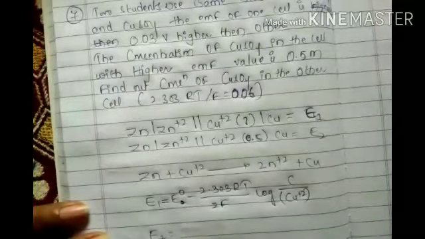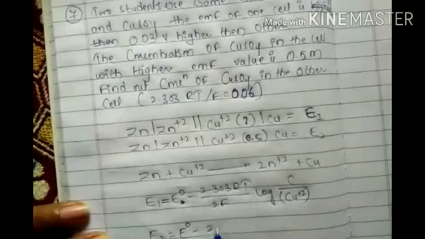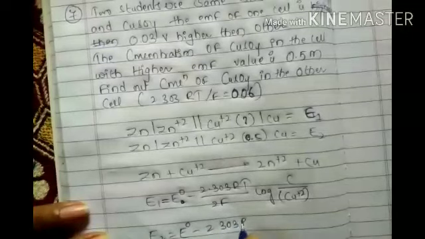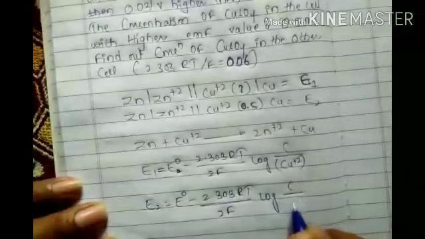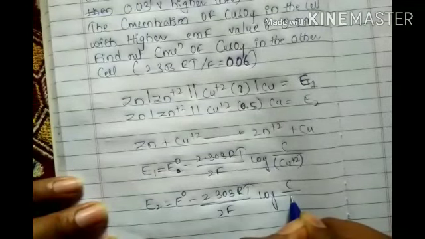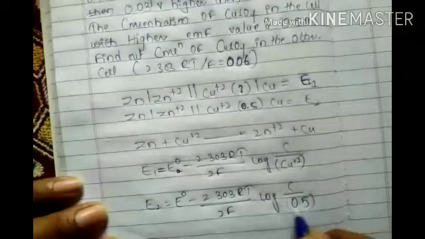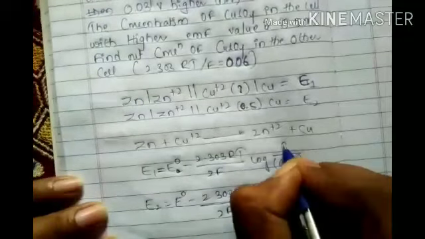Now for E2 I am writing E0 minus 2.303 RT by 2F log of the given concentration, 0.5.